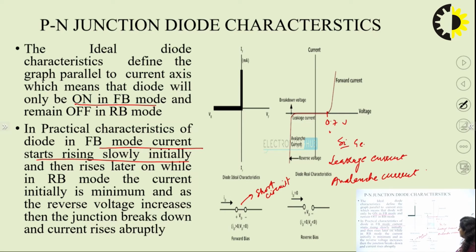Here I naught is greater than 0 and V naught is equivalent to 0. In the reverse biased case, we have an open circuit. The diode is an open circuit, the current is 0, I naught is equivalent to 0 and V naught is much less than 0 here.